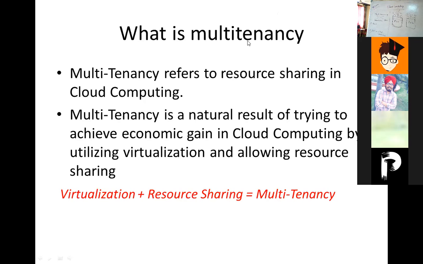With virtualization, we are able to share the resources among a number of people. Virtualization allows access to the data for a single person, as well as access to the shared resources. So when virtualization and resource sharing are possible, that concept is called multi-tenancy. Virtualization plus resource sharing is equal to multi-tenancy.